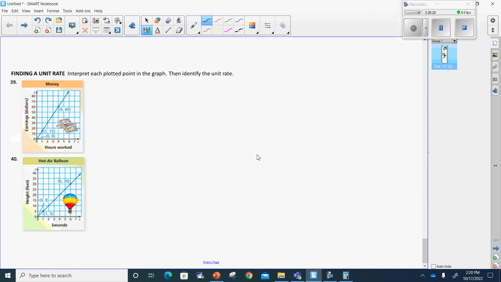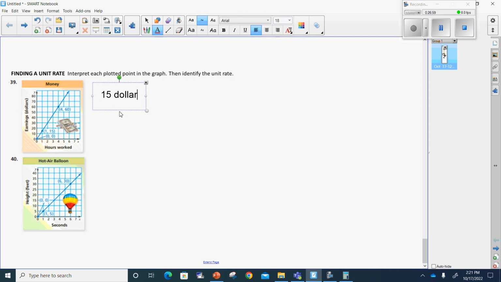And number 39, interpret each plot point in the graph and identify the unit rate. Well, we're talking over here, that's 1 and 5. Interpret each plot point. So 1 is going to be 1 hour for $15, right? Earnings. So $15 per hour.